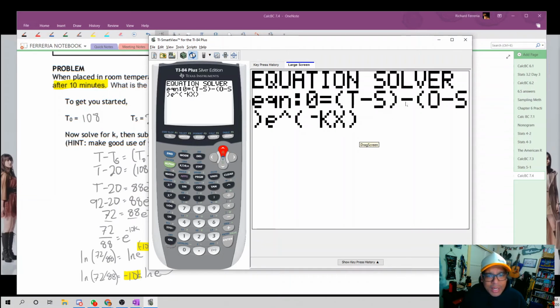T minus Ts, minus the right side of the equal sign, O minus S. I have to use O for the original temperature of the potion, since I can't put subscripts here. So I can't put T naught, I can't put Ts, so we have to use a letter. That's the way TI calculators work. So O minus S, e to the negative k, and I can't use T again because I've already used T for temperature. So I'm going to use X over here.